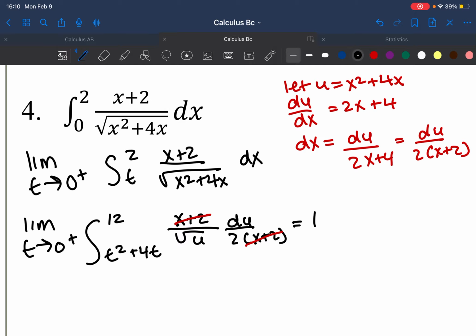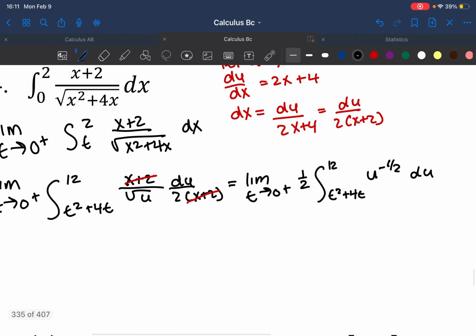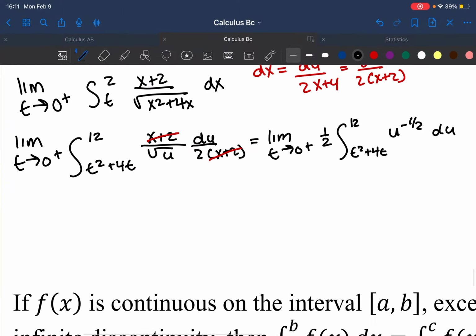So this is equal to the limit as t approaches 0 from the right of 1/2 integral from t squared plus 4t to 12 of 1 over the square root of u, well, that's u to the negative 1/2 du. Then I can integrate this.